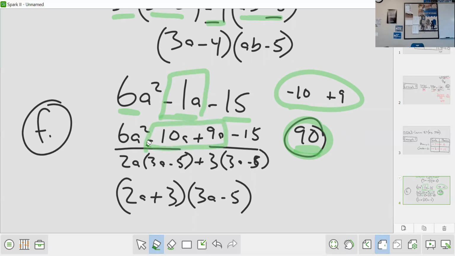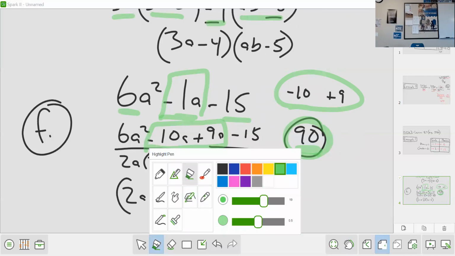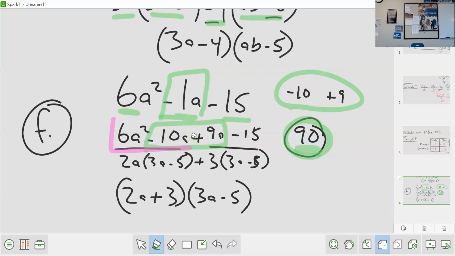All right. So instead of a -1a, I put a -10a plus a +9a, split them apart. So now I have 4 terms, and now I can factor something. I can factor a 2a out of these 2 terms, and so I end up with a 2a, and that leaves me at 3a minus 5.